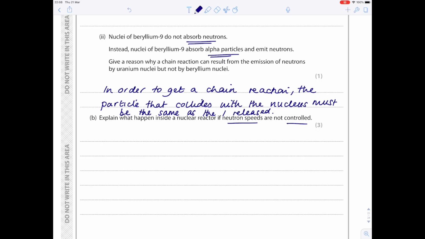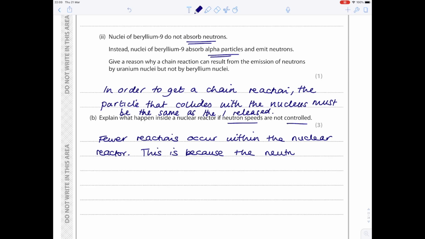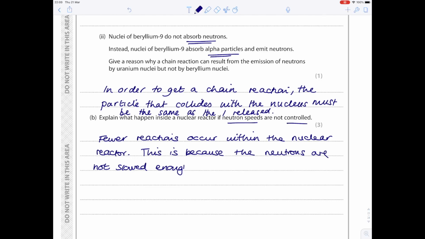So the question asks, explain what happens inside a nuclear reactor if neutron speeds are not controlled, i.e. what happens if the neutrons are travelling really fast. And actually what happens is that there are fewer reactions within the nuclear reactor. This is because the neutrons are not slowed enough and are unable to split the uranium nuclei.